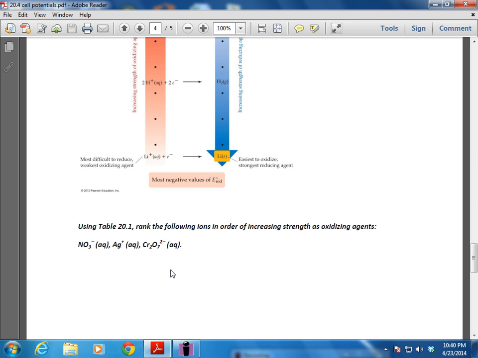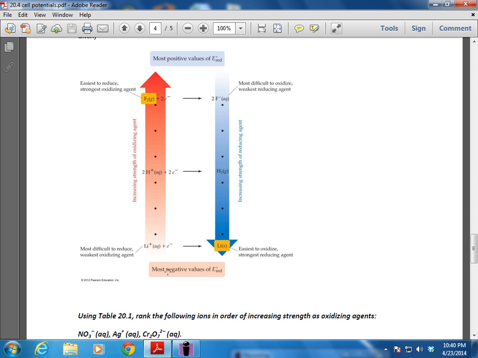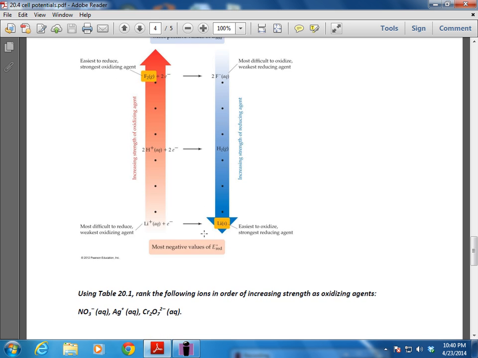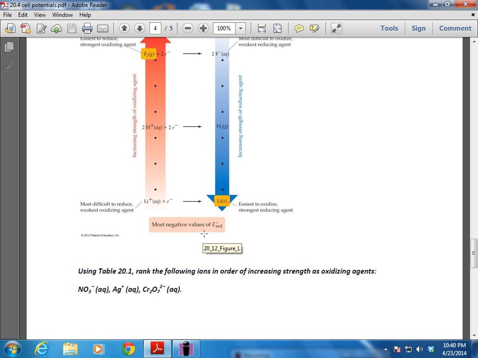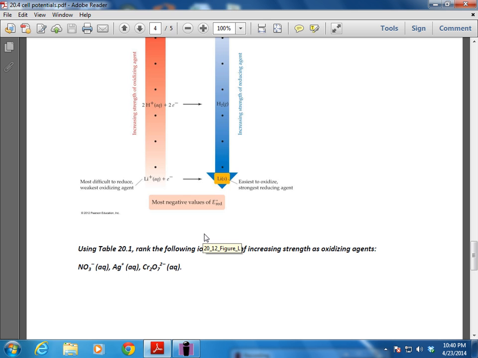So if you look at nitrate and silver and dichromate and their values off that standard table, thinking in terms of oxidizing agents, remember that oxidizing agents are being reduced. So here's my general rule of thumb as you think about this, so you don't get confused.